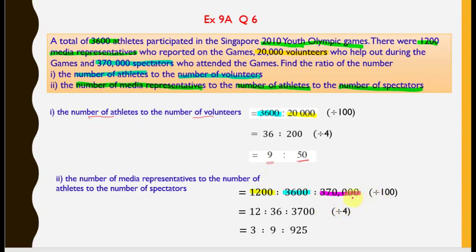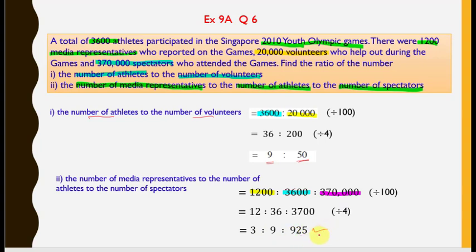We divide all these values by 100, and when we divide 1200 by 100, we have 12. This divided by 100, we have 36, and this divided by 100, we have 370. We divide all these values by 4, and we have 3 is to 9 is to 925.